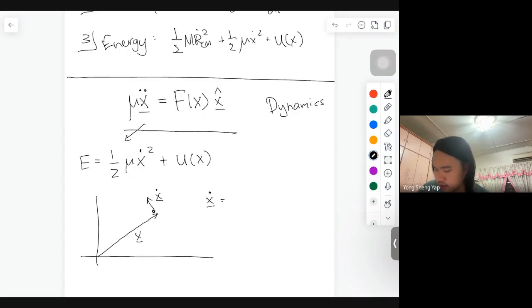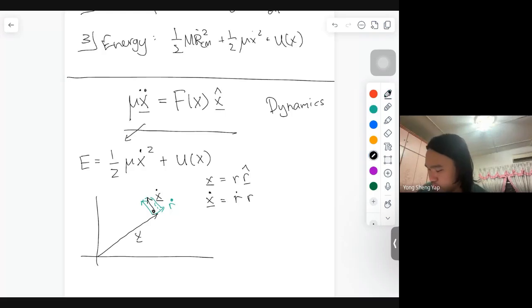The velocity of the particle of the reduced mass can be decomposed into the rate of change of the distance from the origin, and also an angular velocity that makes it go round and round the origin.